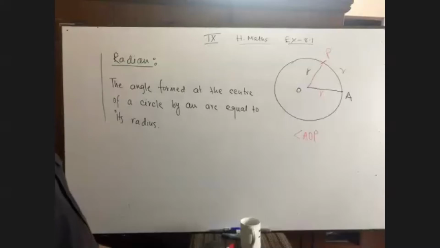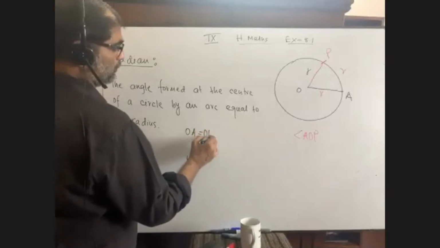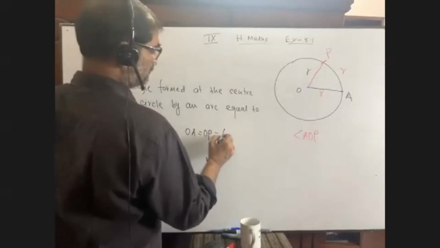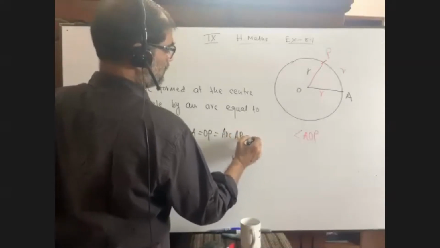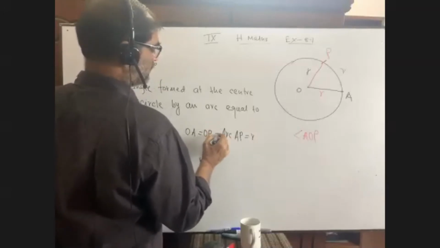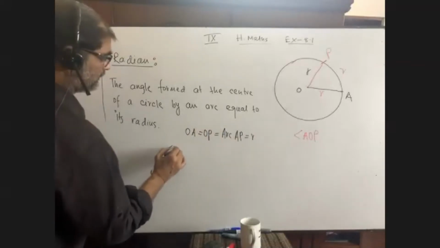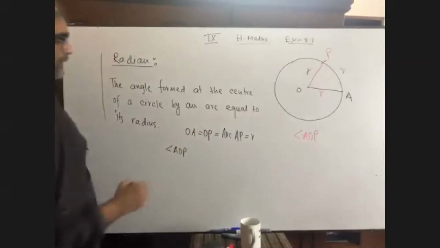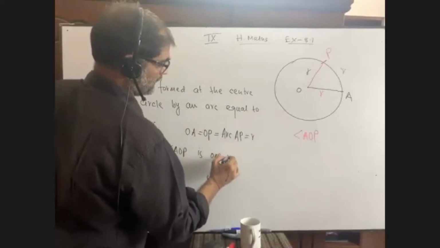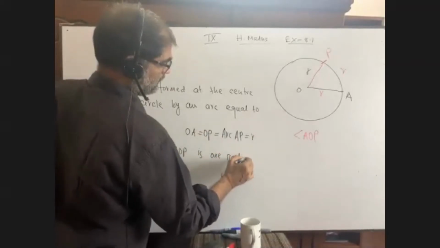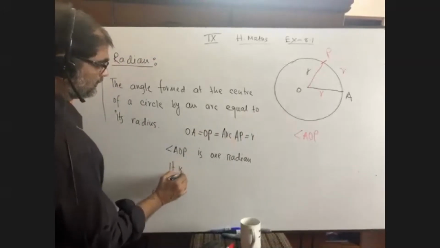Here you see OA equals to OP equals to arc AP is equal to R. Please try to understand what I have written. Angle AOP is 1 radian. It is constant.